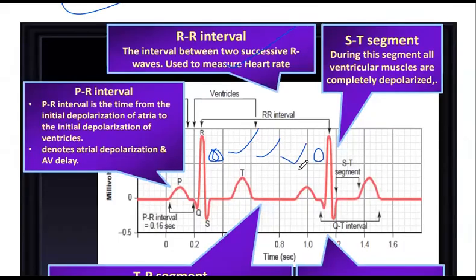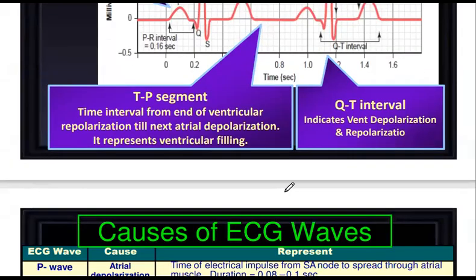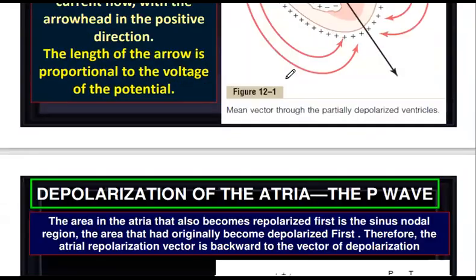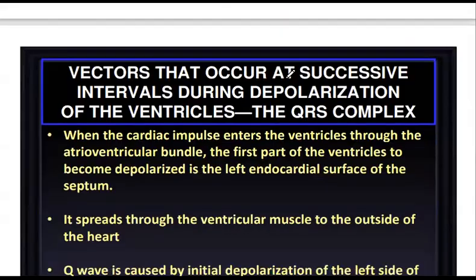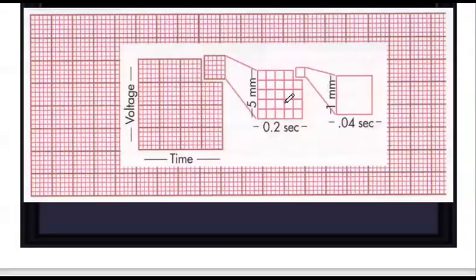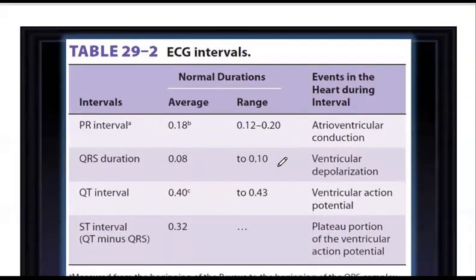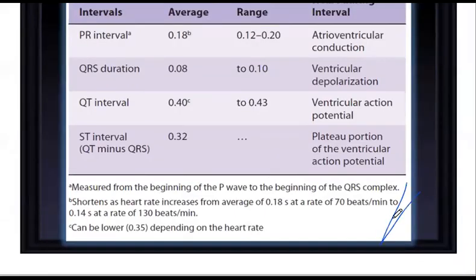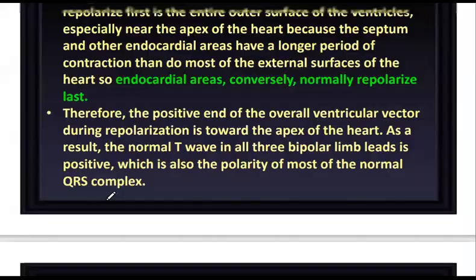And the second thing is the boxes, how much the distance of these boxes is and how much distance is traveled by the wave. We will talk about that tomorrow. So this is the ECG paper. The ECG paper is about the intervals. Here only, we will complete tomorrow.